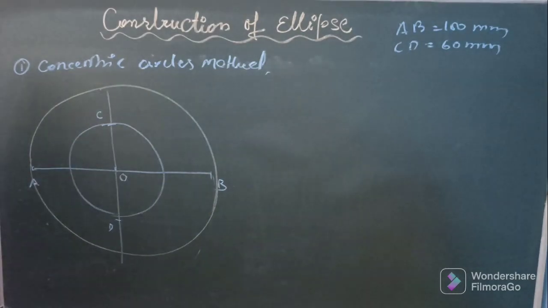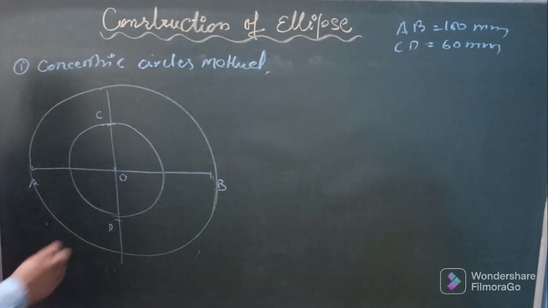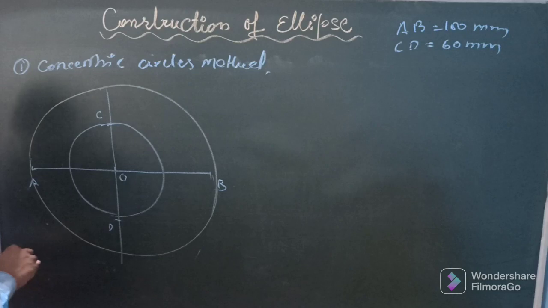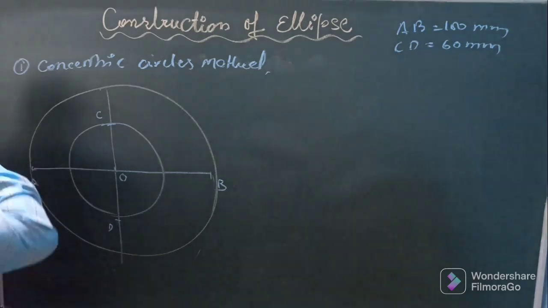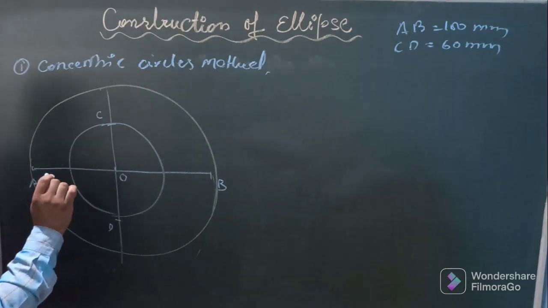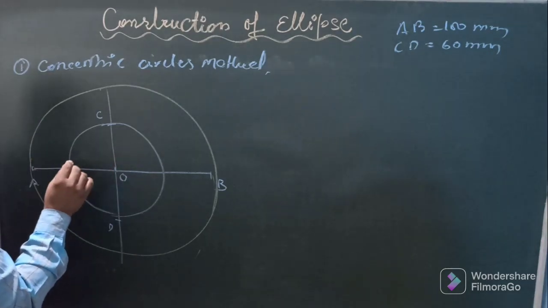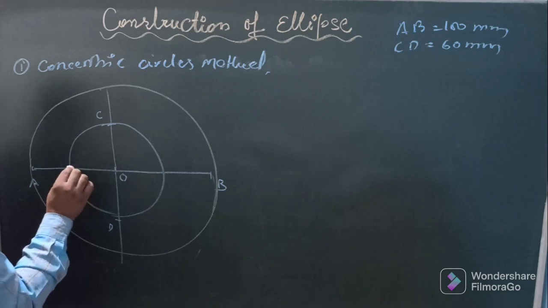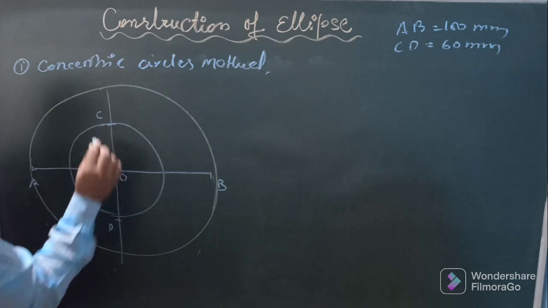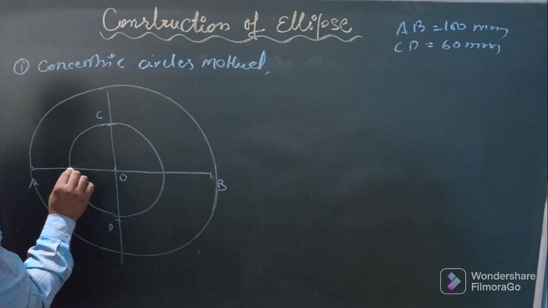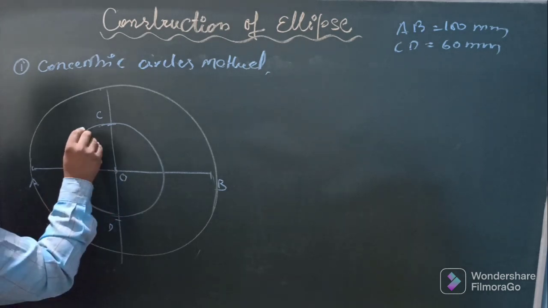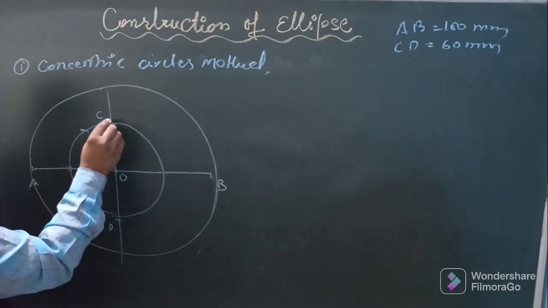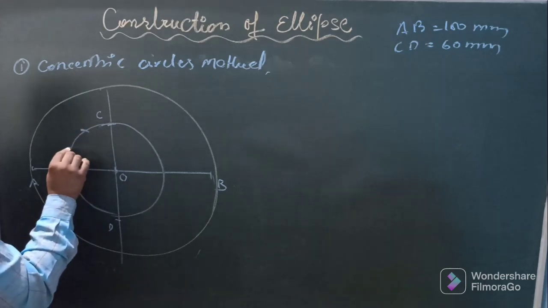Then divide these two circles into an equal number of parts. Say I am dividing them into 12 equal divisions. If I have to divide into 12 equal divisions, we can divide this quadrant into 3 equal divisions. Take this distance from O, with this as center cut this side, with this as center cut this side.